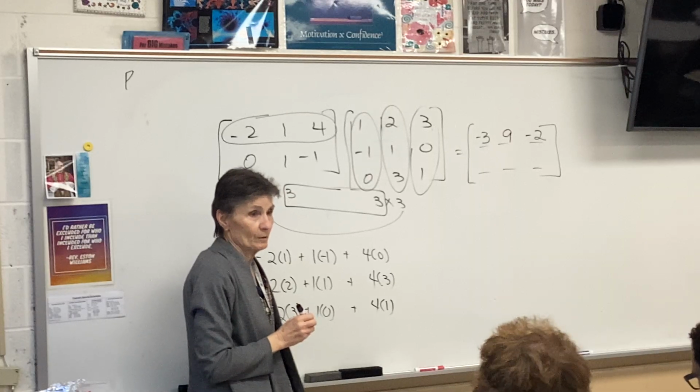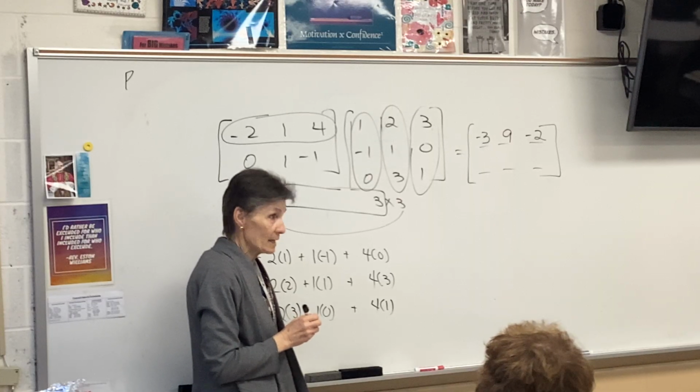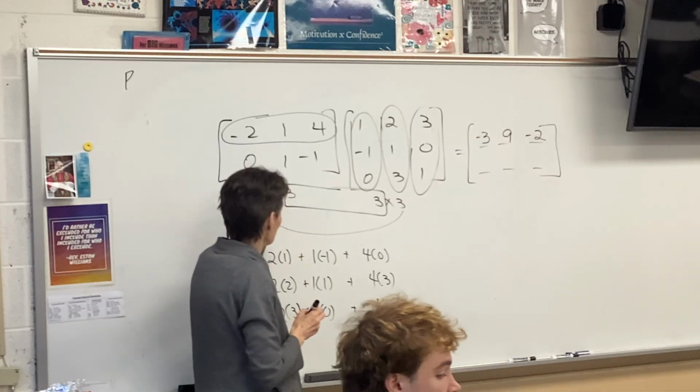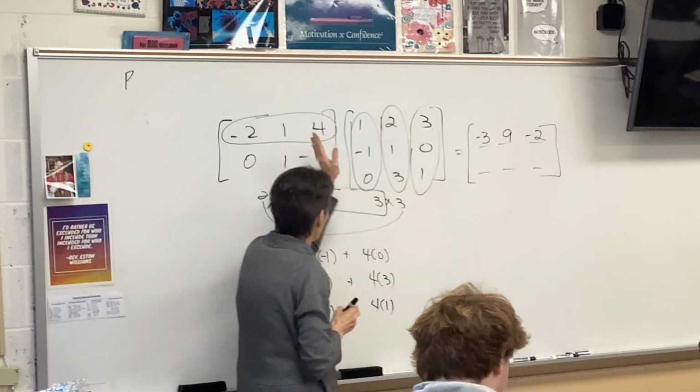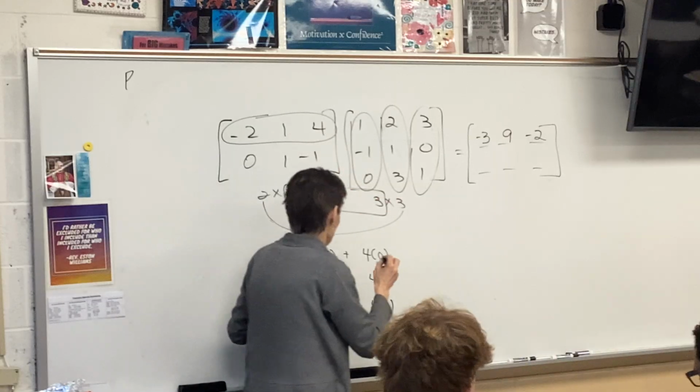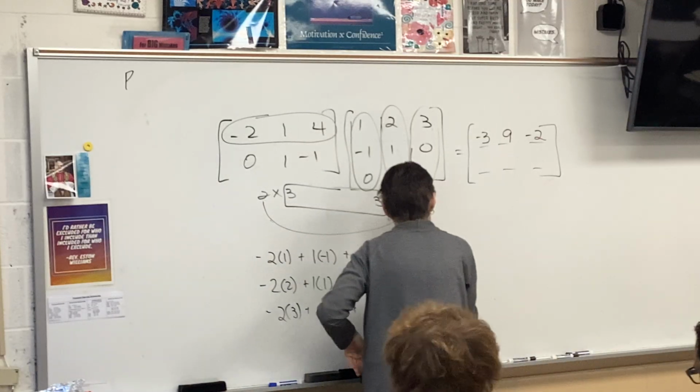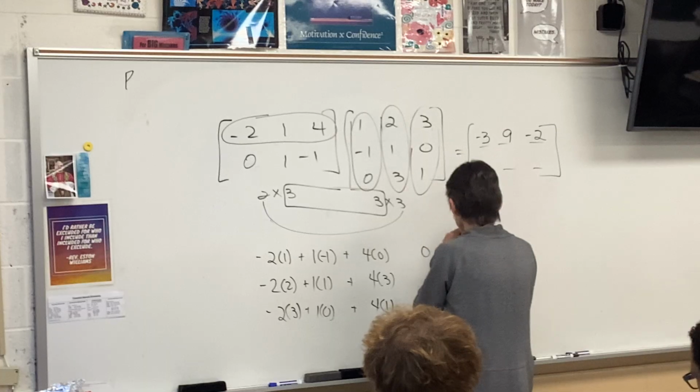Now what do we get to do? To the bottom. Same thing, only we're going to use row 2 now. Row 2 and column 1, 2, 3. All right, so go ahead and do that. You do that. See if you can get that bottom row. You're doing row 2.